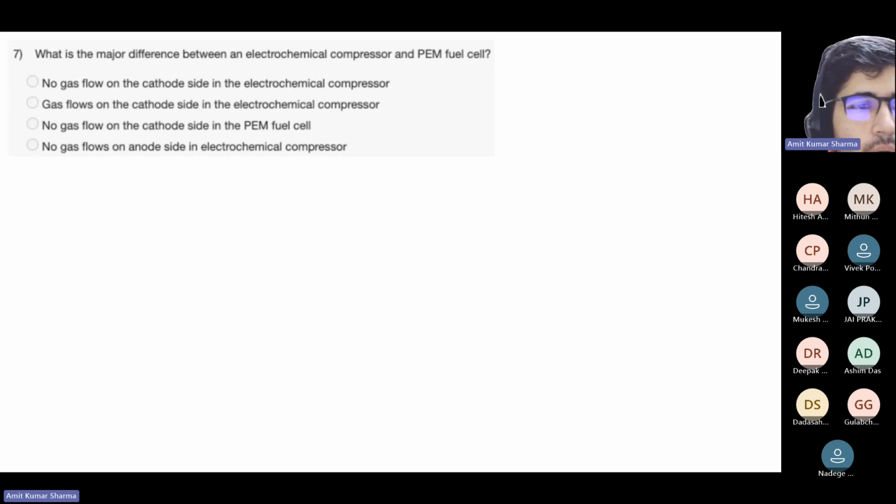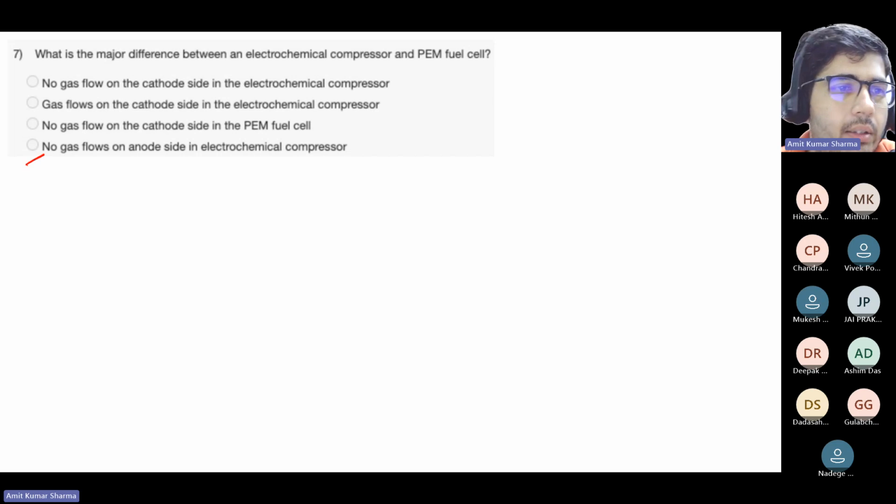Option D is no gas flow on the anode side in electrochemical compressors. No, because we need to supply hydrogen on the anode side. No gas flow on the cathode side in the electrochemical compressor, yes. So the correct answer will be A, but let's see the other options also. No gas flow on the cathode side in the PEM fuel cell. Wrong, because we have a flow of oxygen. Gas flow on the cathode side in the electrochemical compressor? No, because we don't have gas flow on the cathode side. Okay.